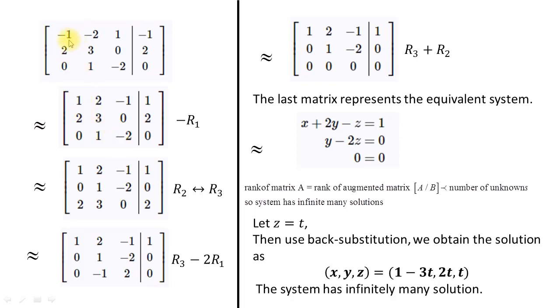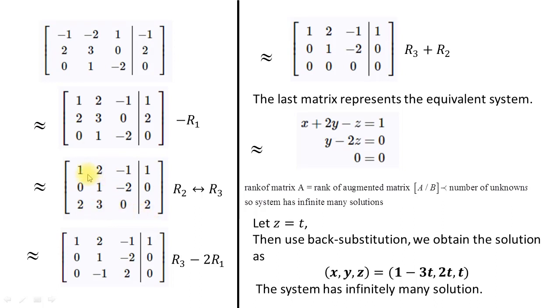Now interchange the second row and third row, and in this diagonal we obtain 1 by performing this operation: 1 2 minus 1 1, 0 1 minus 2 0, and 2 3 0 2.